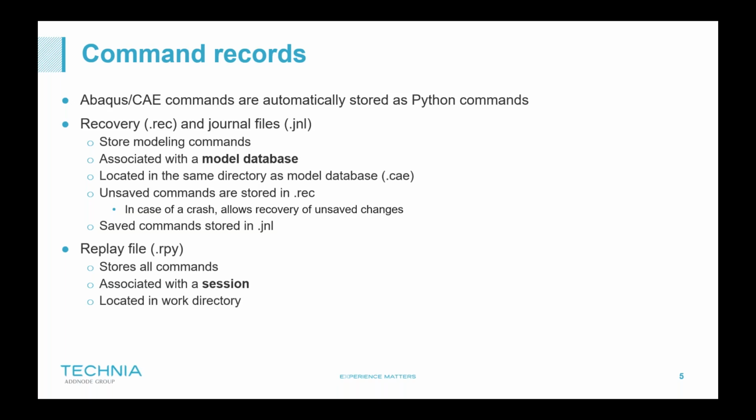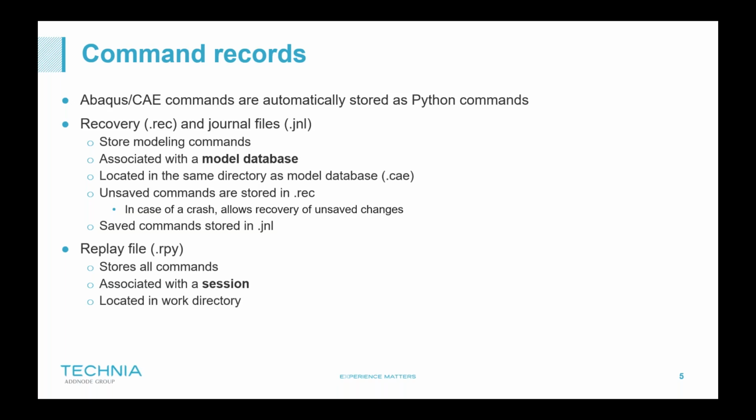First, there's the recovery and journal files, which end in rec and JNL. These store modeling commands, so commands that affect the model. Examples of those would be if we create a part, or if we assign a section to a region. So these are always associated with a model database, and these files will be in the same directory as the CAE file.